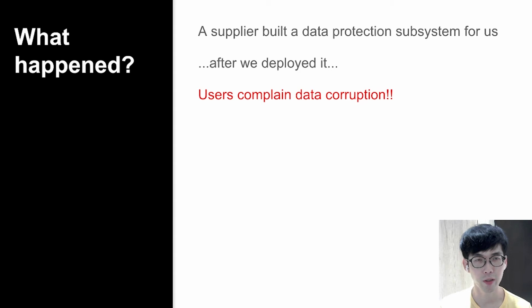The project runs smoothly until we deploy it. We start to receive complaints that their data is corrupted. That's very weird, because not all but just part of the data is corrupted. What's going on here?